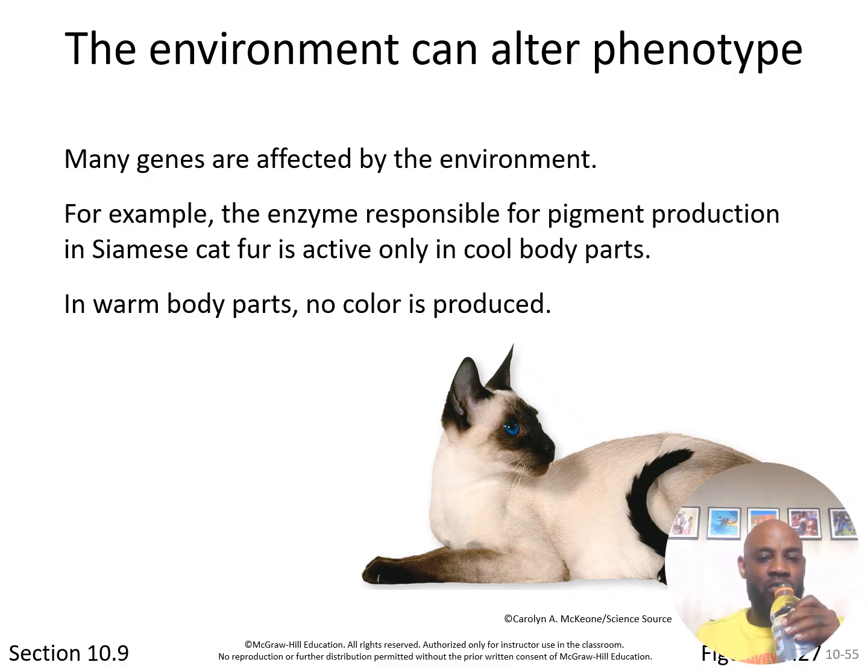The enzyme responsible for pigment production in Siamese cat fur is active only in cool body parts. In warm body parts, no color is produced. See this? So the gene is acting in certain body parts. Remember, proteins can be affected by temperature.